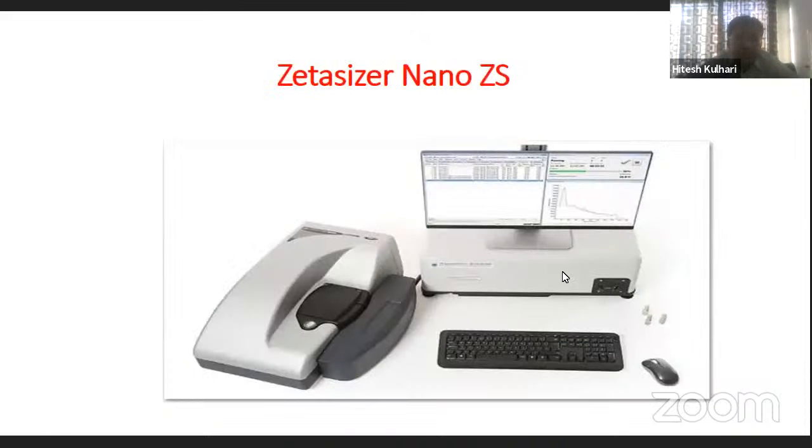This is the Zetasizer Nano ZS, which is generally used to determine the hydrodynamic diameter of the particle. Here we keep the sample. Once this lid opens, there is a cuvette, and we can put our sample into that cuvette, and we will get the particle size through some calculation.